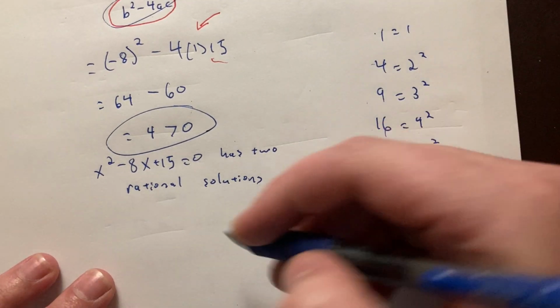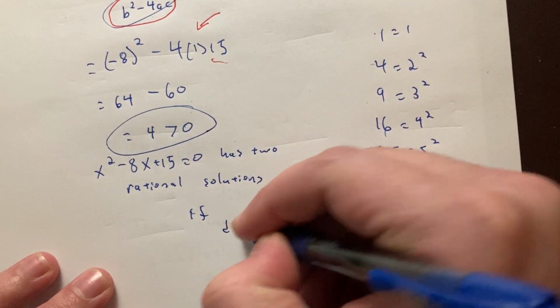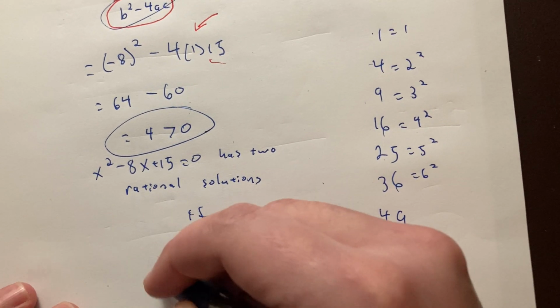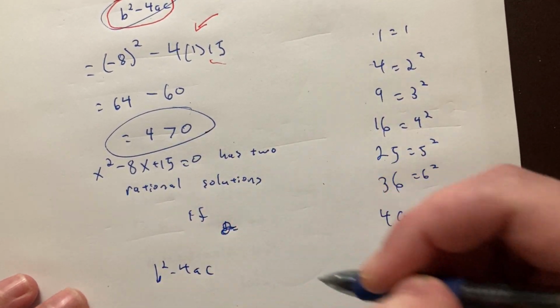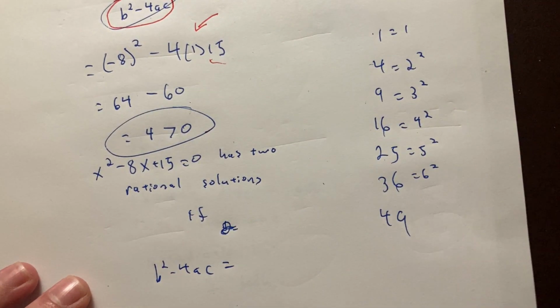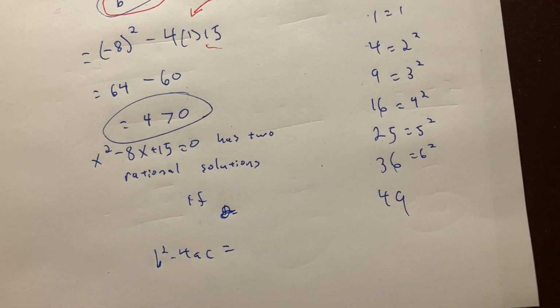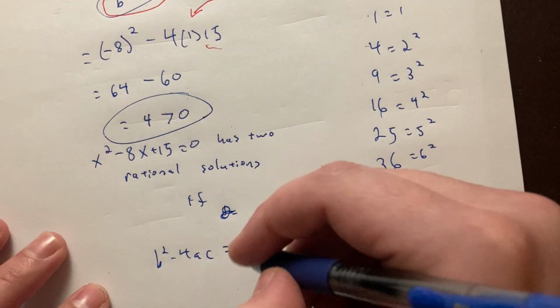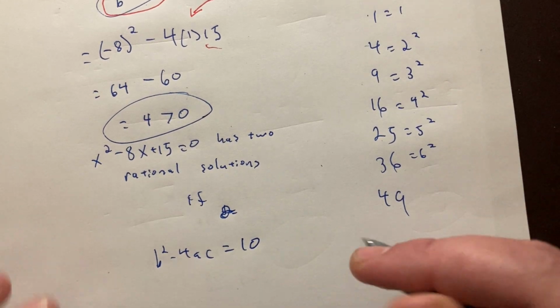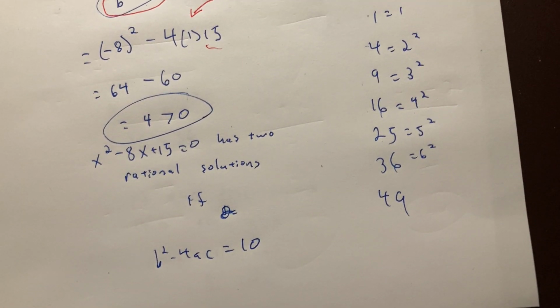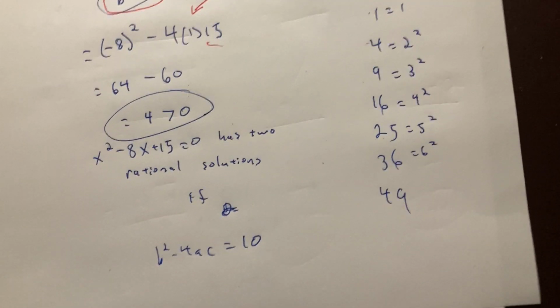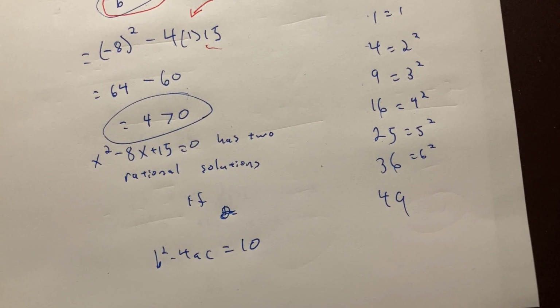If my discriminant, if I did B squared minus 4AC, equals, I don't know, anything but one of these. What's a number that's not a number here? 10. Then my quadratic would have two solutions still, because I can technically take a square root of 10.